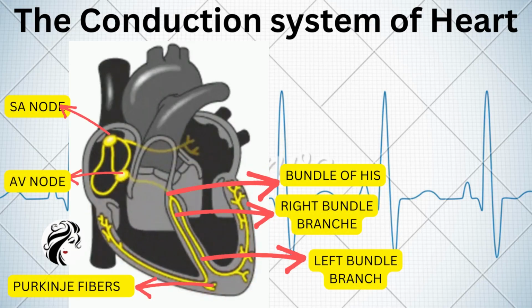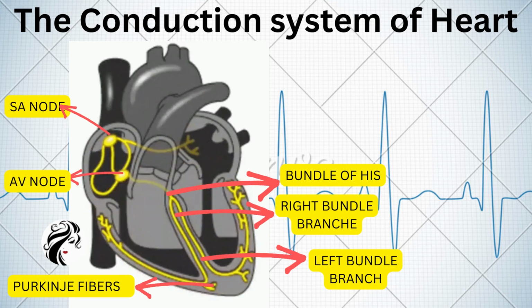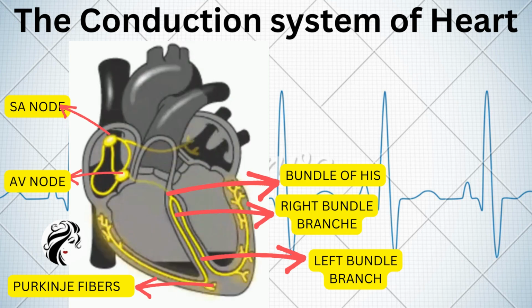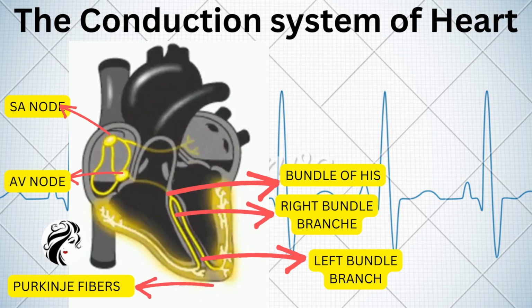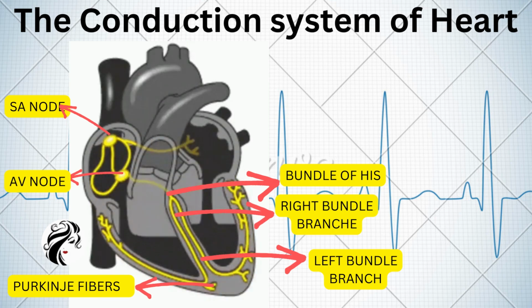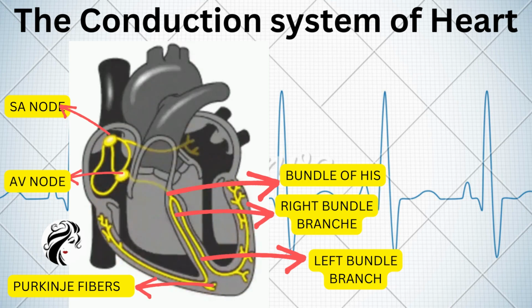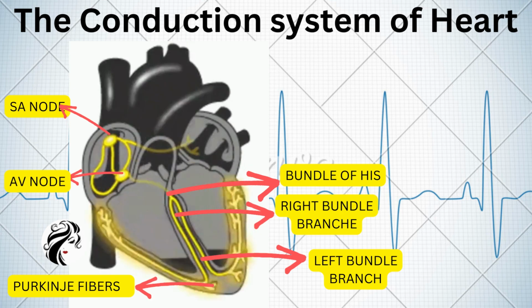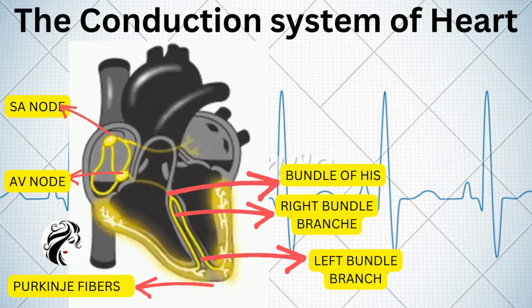How the conduction system works. First of all, the impulse is generated from the SA node, which is present in the right atrium. Then it passes through the AV node, which is present at the end of the atria, and makes the atria contract and passes the signal towards the bundle of His.